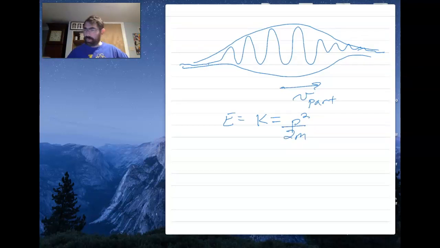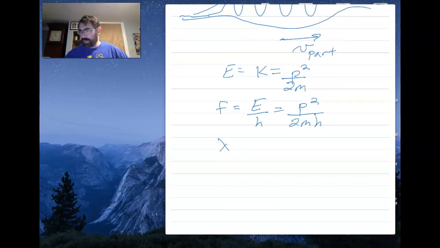Okay, but we also know from Planck that the frequency is the energy divided by Planck's constant, which in this case is now p squared over 2mh. The wavelength is h divided by the momentum.